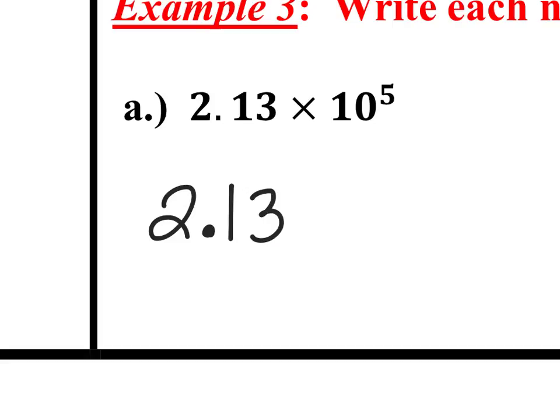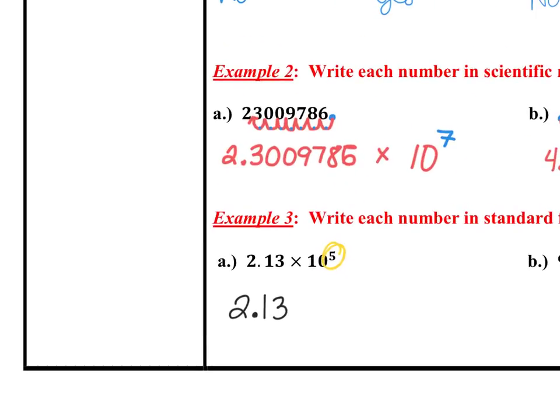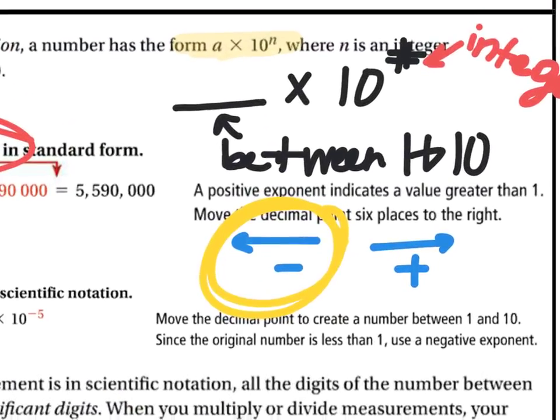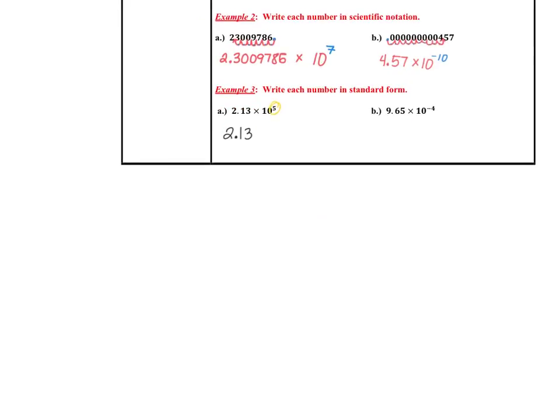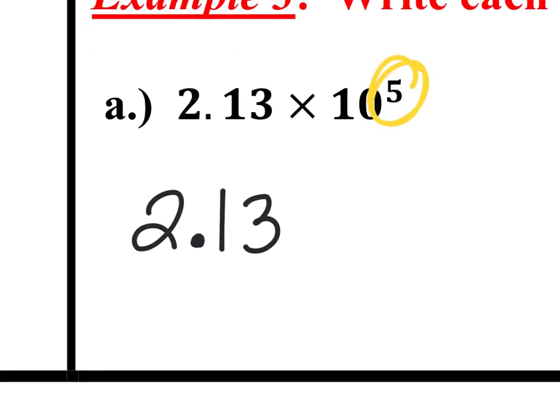Let's look at our exponent. It's positive 5. Could you guys please point left or right? Which direction will that move the decimal? Look at what we said on the top. Which way does positive move it? It moves it to the right. And so we're going to move the decimal 5 times to the right.